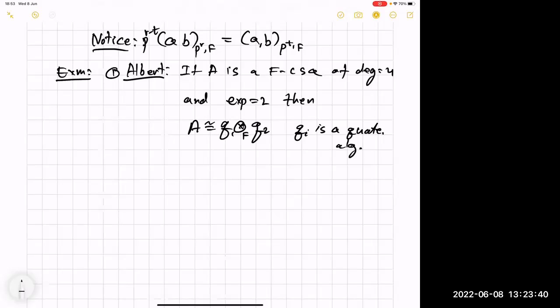In this case it's actually isomorphic because the degrees match, but in general it won't be an isomorphism. It will just be equivalent in the Brauer group.